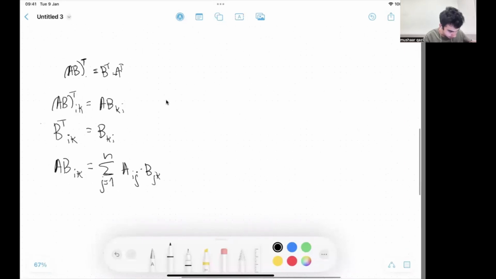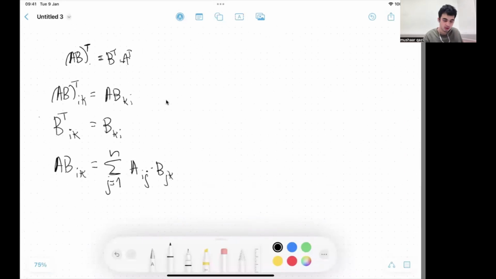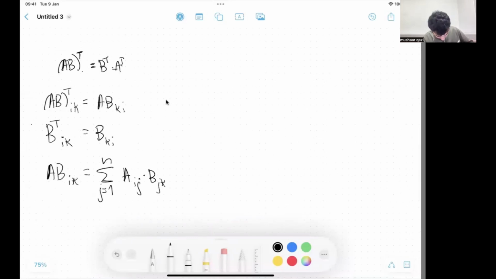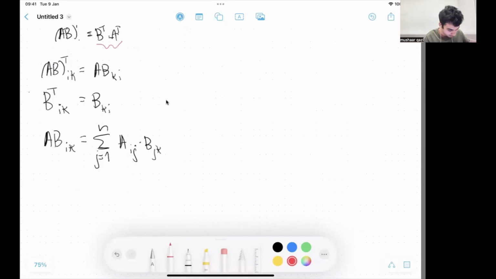So how do we play with this? For starters, I'm going to prove this from the right-hand side to the left-hand side. But once you see the proof, you can obviously go backwards, back and forth. It doesn't really matter.